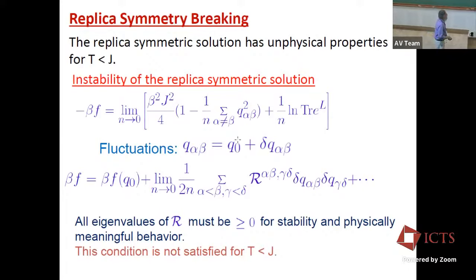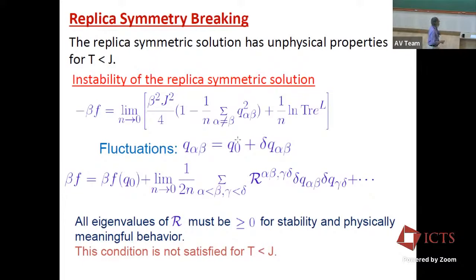Okay, so this is what is being done here. This solution was obtained by Sherrington and Kirkpatrick, and then one is looking at deviations from that solution, and one is not restricting these deviations to have any particular dependence on alpha and beta.